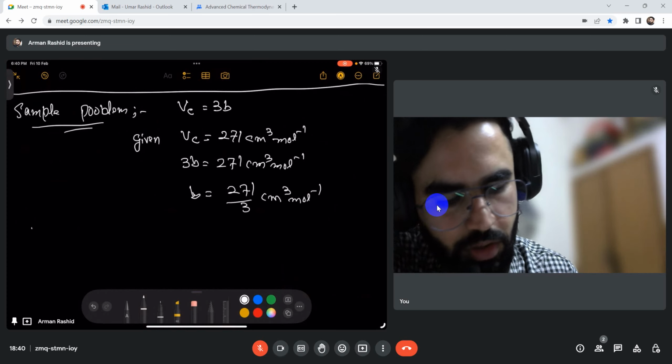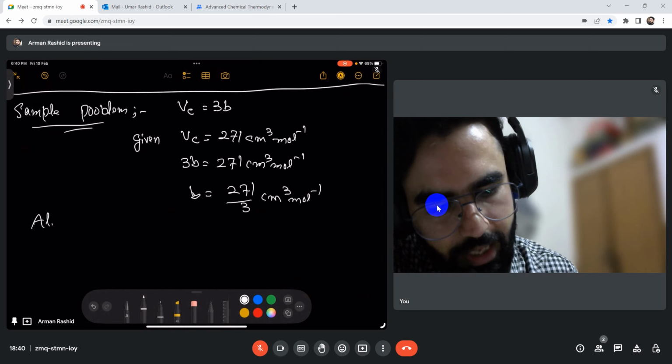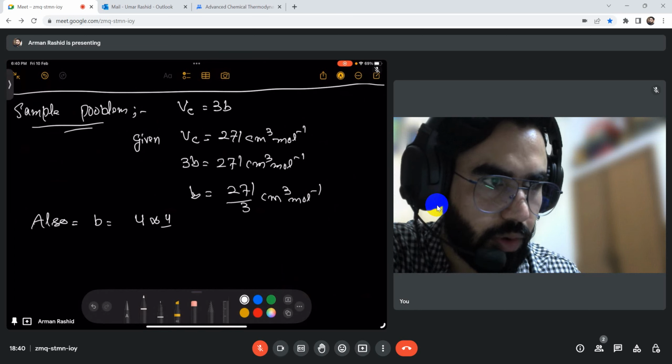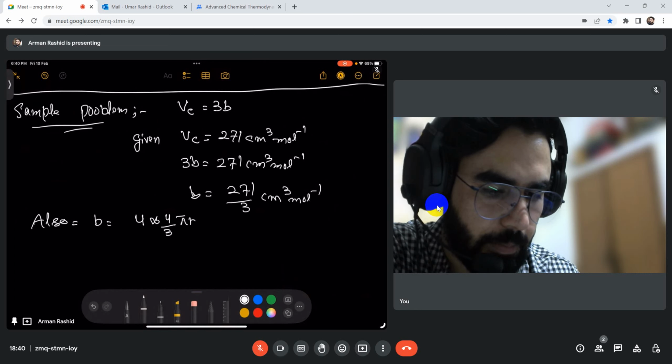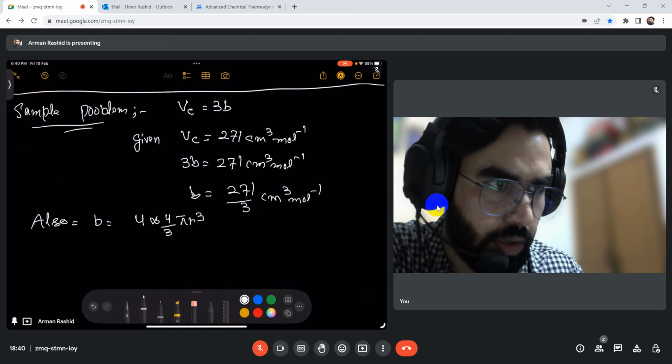Also, we know that b is related to the actual volume occupied by the gas particles, so it will be equivalent to 4 multiplied by 4 by 3 pi r cube multiplied by Avogadro's number.